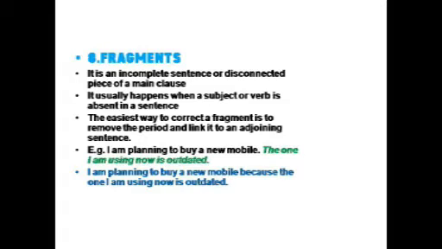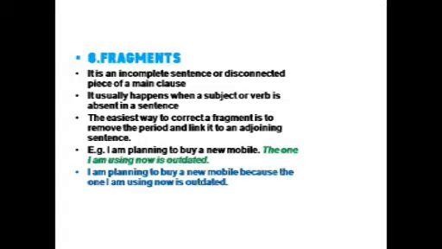The easiest way to correct a fragment is to remove the period and link it to an adjoining sentence. Sometimes you find two very short sentences that may be fragments. In order to correct them, we have to join those two fragments together by removing the period or full stop in between.